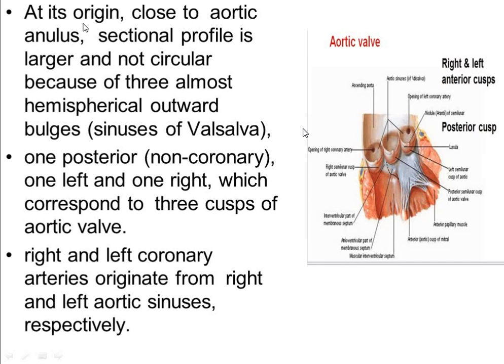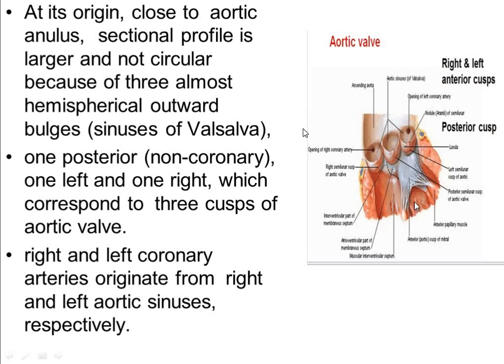At its origin, from the left ventricle, close to the aortic annulus, the sectional profile is very big and not simply circular. Why? Because 3 hemispherical cusps of the aortic valve are present over there, which are called sinuses of Valsalva.